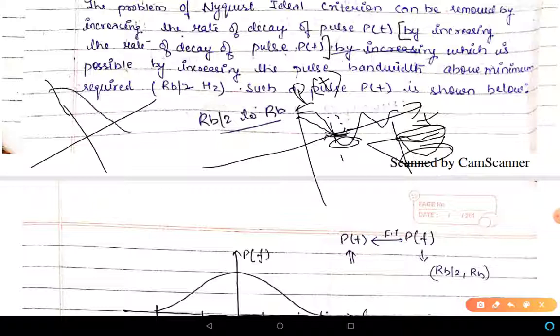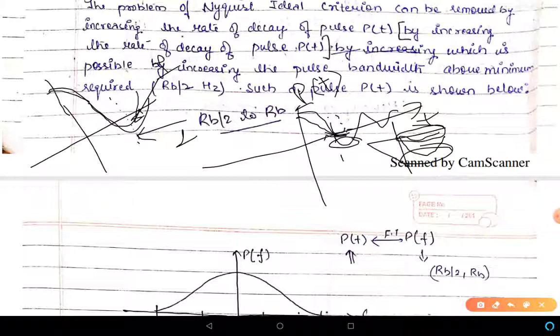This is the present case, that is the Nyquist ideal solution. And now if I design something like this, then if because of timing jitter I sample here, this particular sample value and this particular sample value are different. The amplitude in the first case is smaller than the amplitude in the second case.